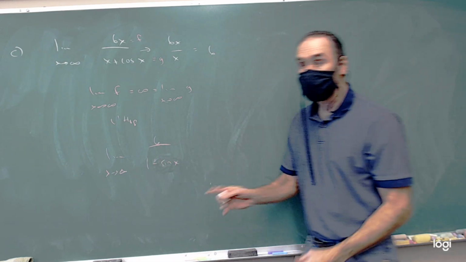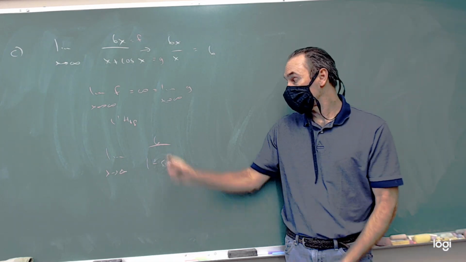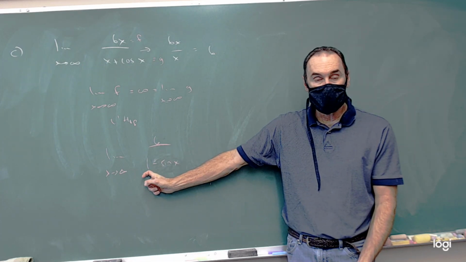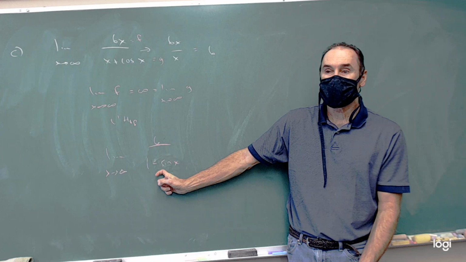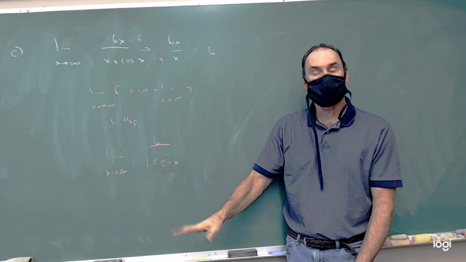Now, this is worth talking about because as x goes to infinity, this 6 is just always 6. This 1 is always 1. What's happened to the sine x as x goes to infinity? It's oscillating around here.